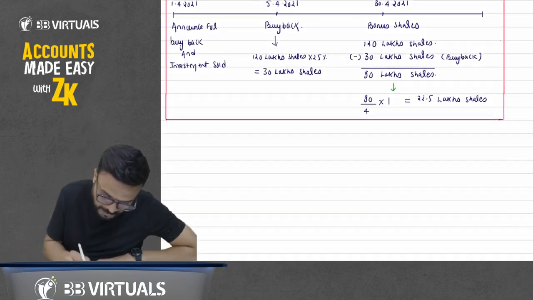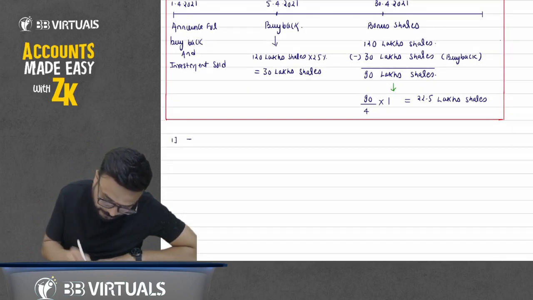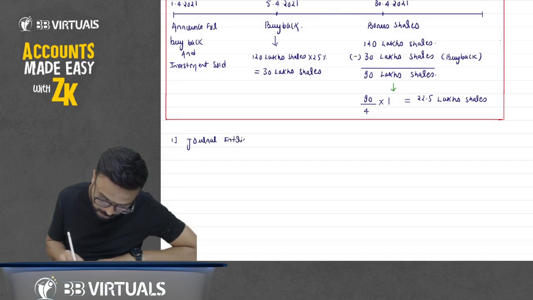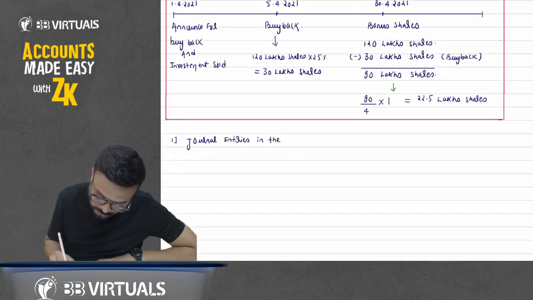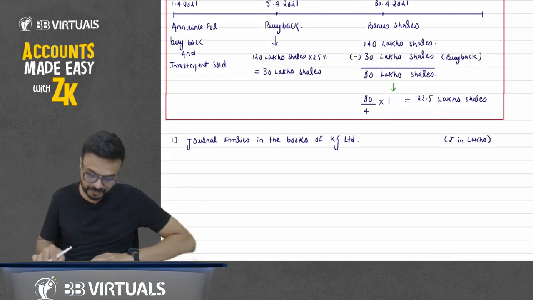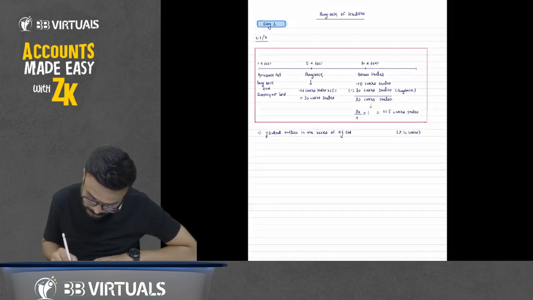The first thing they have asked you is journal entries in the books of KG Limited, rupees in lakhs. Now draw this for at least one page, it will take.